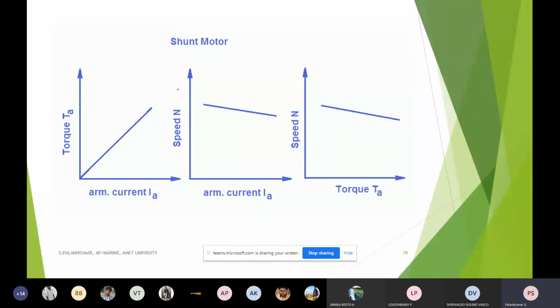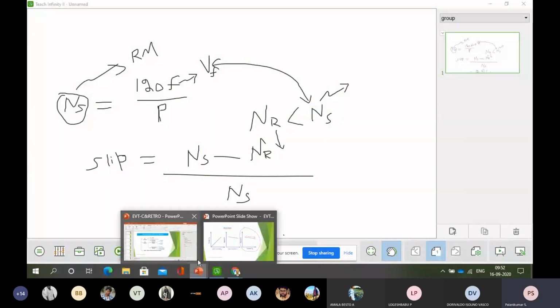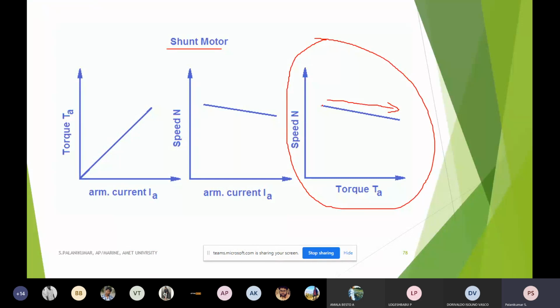And here it is a shunt motor. As I already told, if you see the mechanical characteristics of a shunt motor, this graph goes like this from the beginning. Earlier it is producing some speed with some torque.